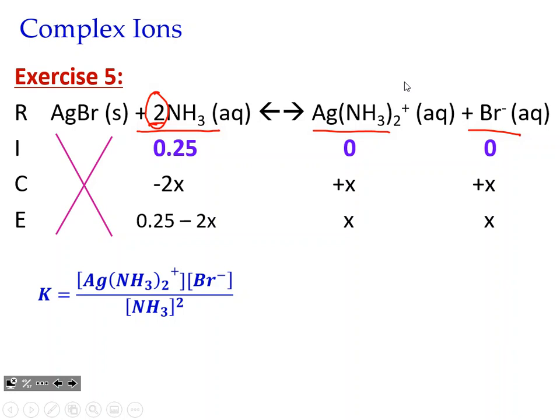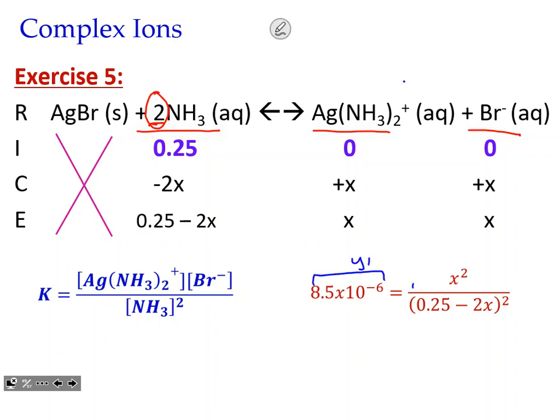So you write out that expression, and then you can plug in the equilibrium concentrations. And yes, you could graph it. You could do the Y1 here, and this could be the Y2 if you want to.